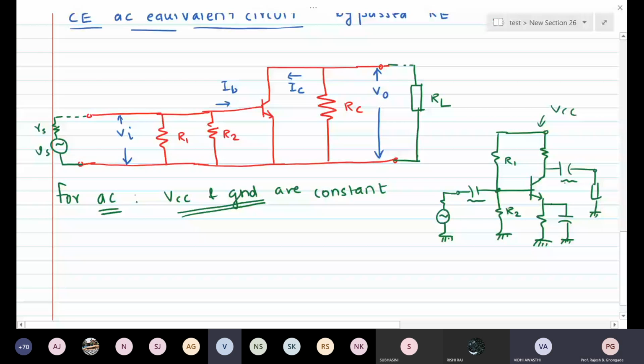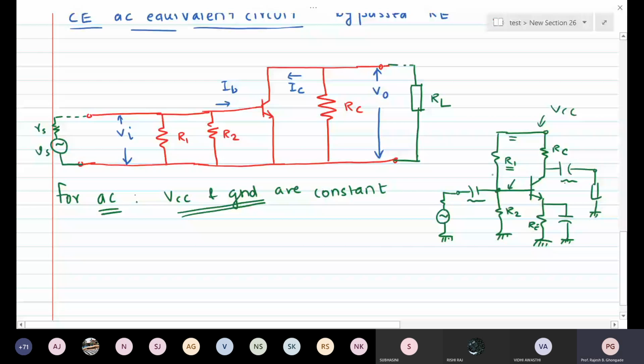Once you are short circuiting it, RE is also bypassed or short circuited. So you won't see RE here. Okay. At the same time, look at the base of the transistor. The base of the transistor is connected to R1. The other end of R1 is connected to VCC. Okay.